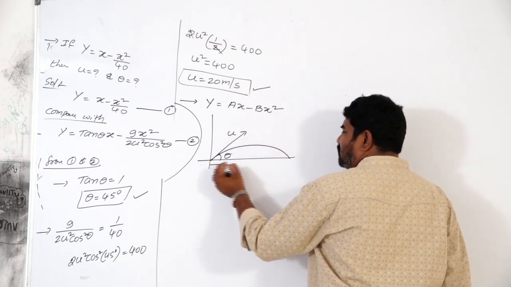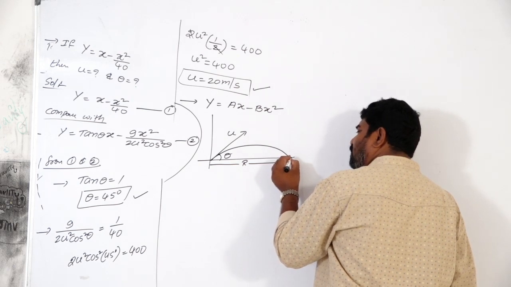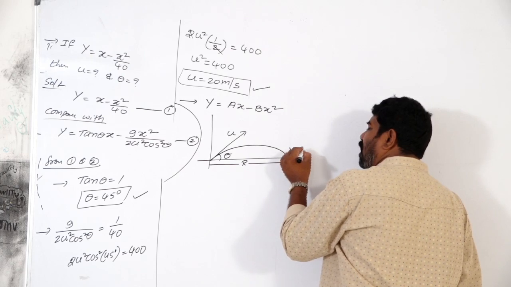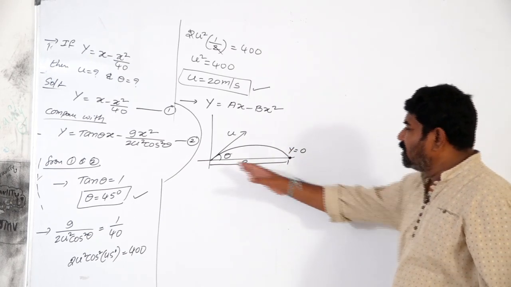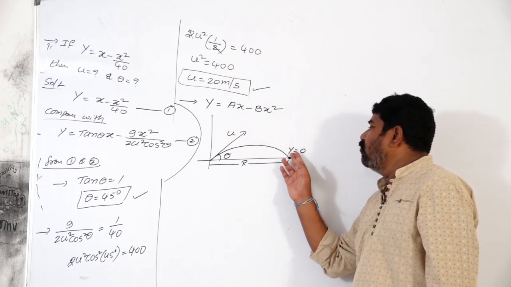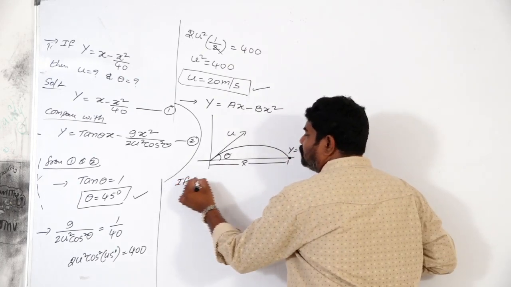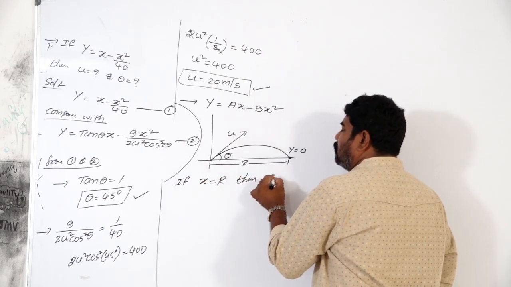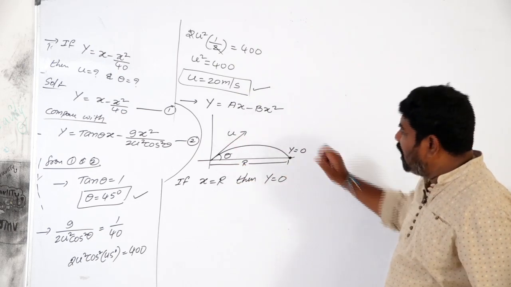This maximum distance is called the range. When it reaches the same plane of projection, at the maximum horizontal distance, what is the vertical displacement? That is equal to 0. When it is landing on the same plane, vertical displacement is equal to 0. That is, if x is equal to R, then y is equal to 0.